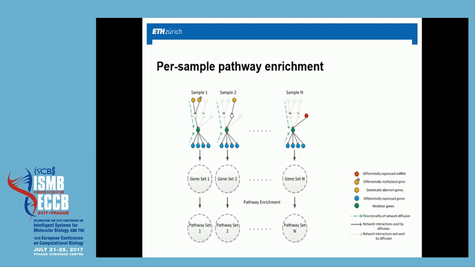Next, we did some enrichment analysis in order to see what we actually find in this manner. Again, we did the enrichment analysis on the per sample level. So for each patient, for each tumor separately, we have a gene list. For each of these gene lists you do a gene set enrichment analysis, and you find a set of pathways, if any, that are enriched for this particular patient.